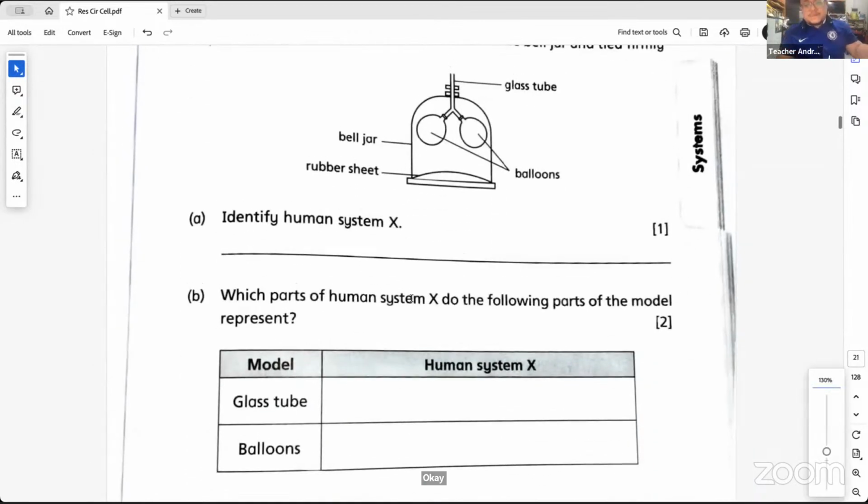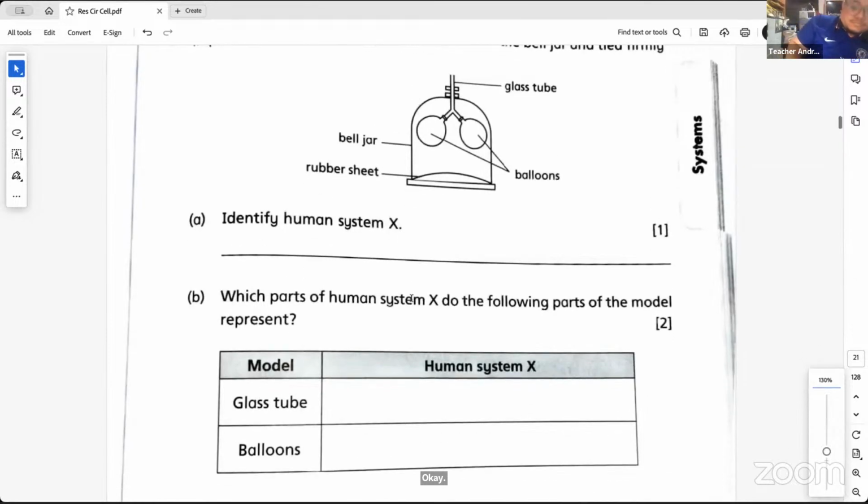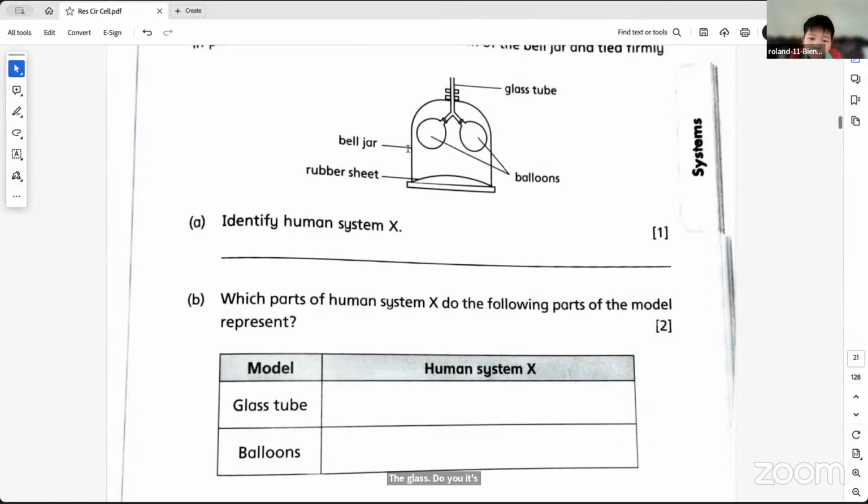Next up, the last question. This is an experiment. Can someone tell me what the glass tube here represents? Can I have a volunteer, please? Yes, Roland. The glass tube, it's the main air tube.